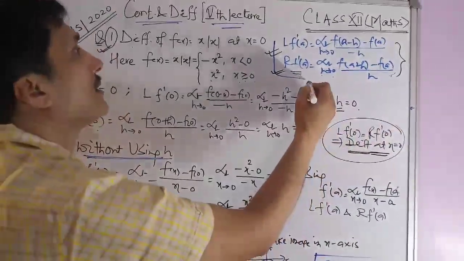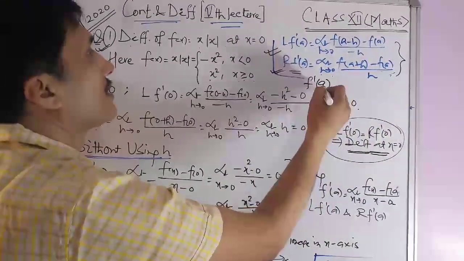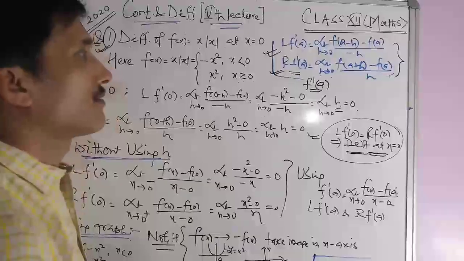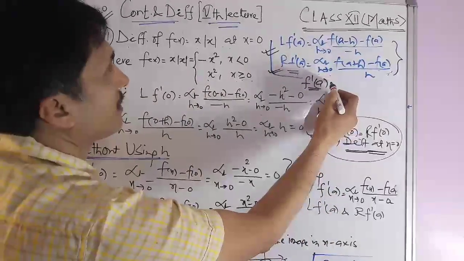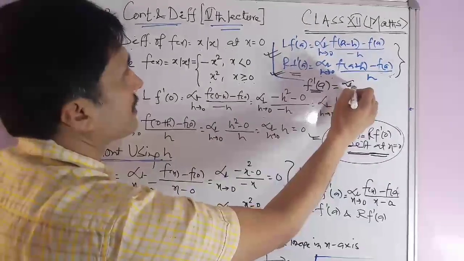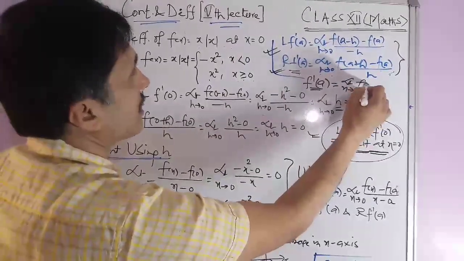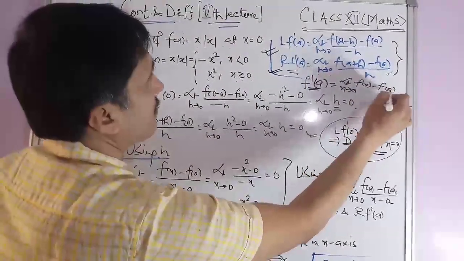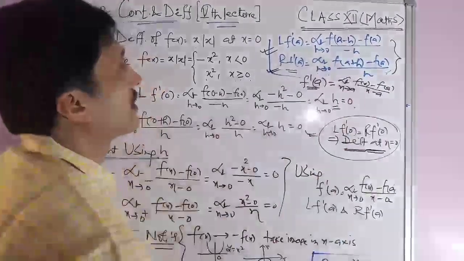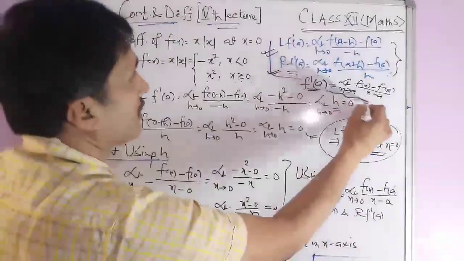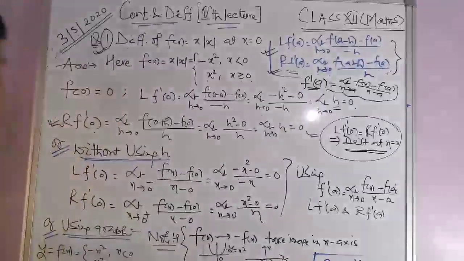We also have a definition for derivability or derivative of a function at a point: limit x tends to a of [f(x) - f(a)] / (x - a). We have already discussed this in the previous class.